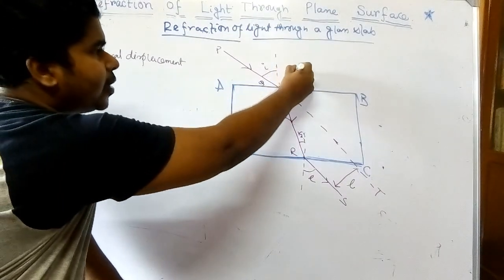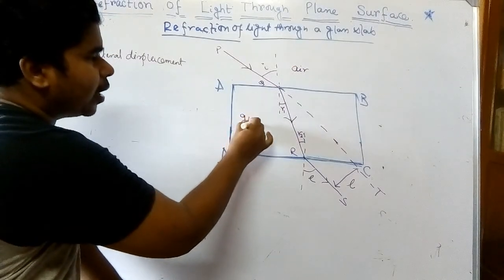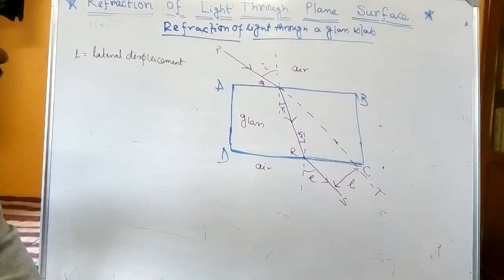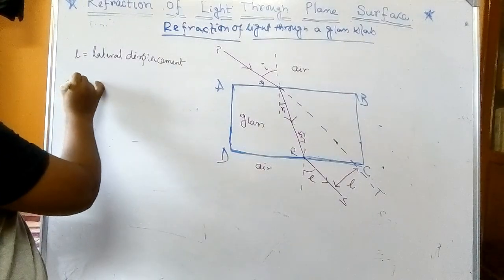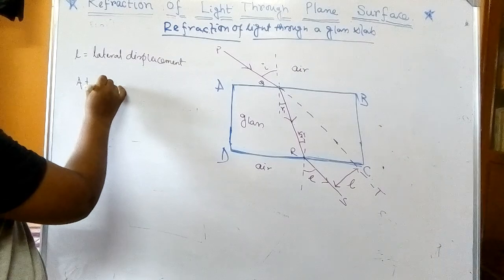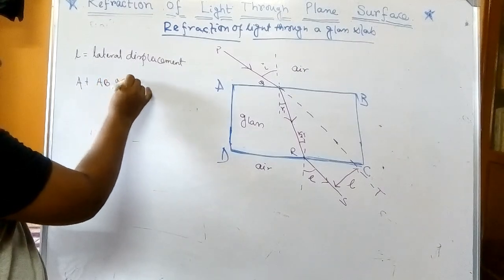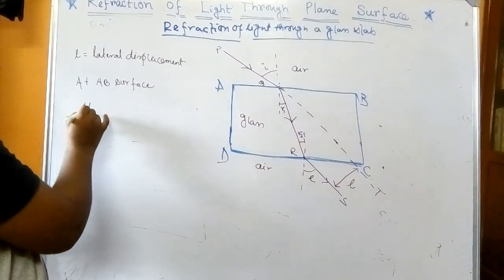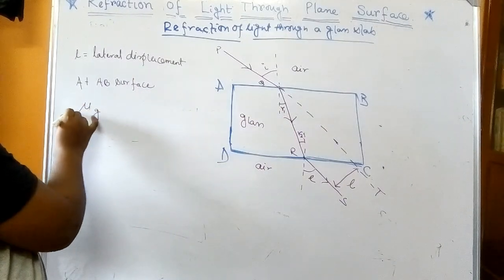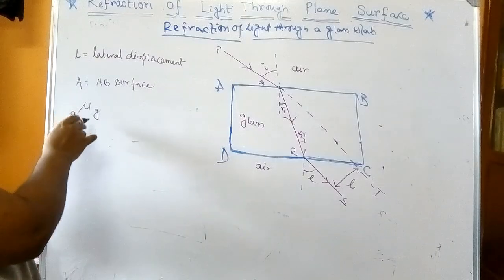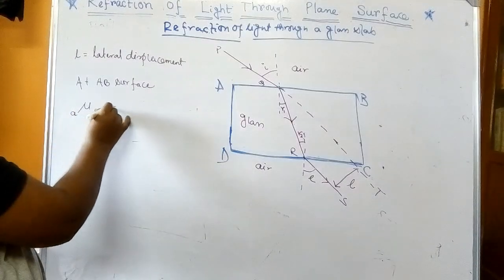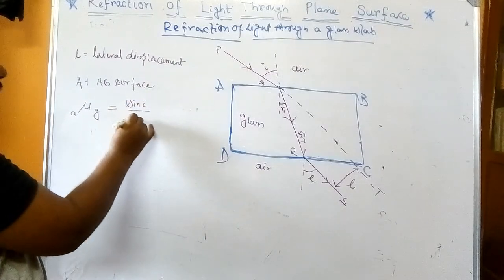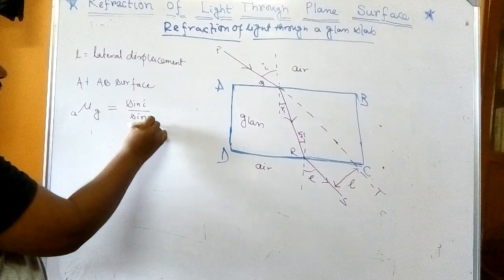Here you see it is air, then glass, and then again air. Now if I want to write it at the AB surface, the refractive index of glass with respect to air, mu g with respect to A, is sine I by sine R1.